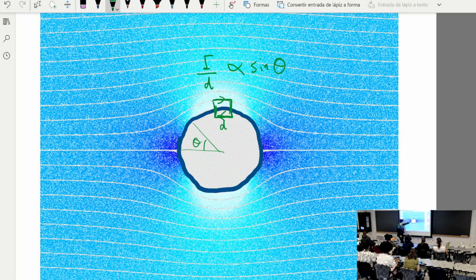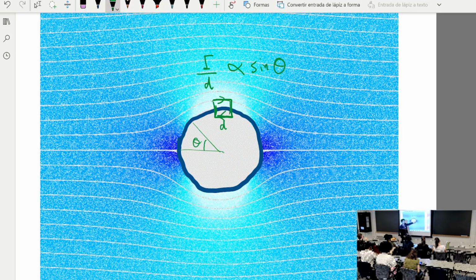That's the same as what we did on Monday. On Monday we said that because of symmetry, the vortex here and the vortex here had zero circulation, and we only considered these four vortices. Remember? So the circulation here is zero, and it achieves a maximum at 90 degrees. On the top of the cylinder there is the most circulation, and then it goes back to zero at the downstream location.